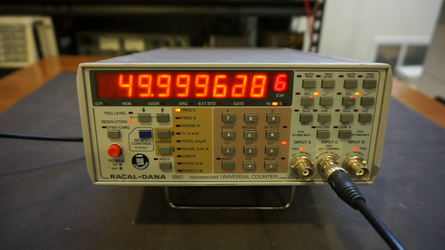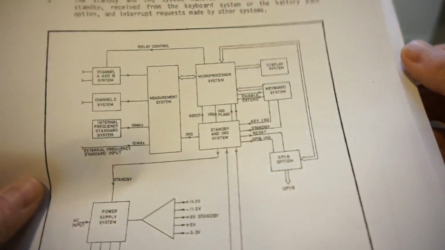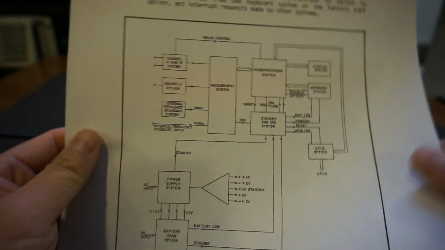So this is certainly good news, and this suggests that the measurement circuitry and the microprocessors are probably working just fine. And the most likely scenario is that something went wrong with the channel A and channel B subsystem. And depending on where the failure mode is, we might be able to fix it. Here I'm just going to show you quickly the block diagram of the system.